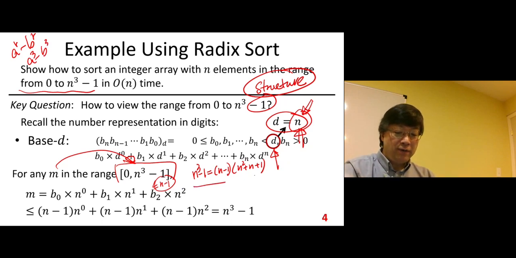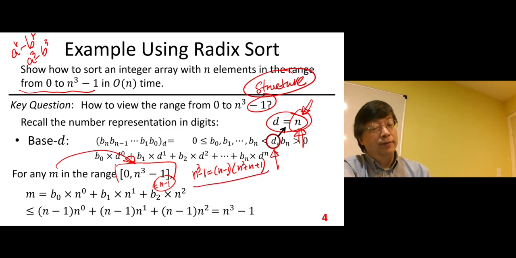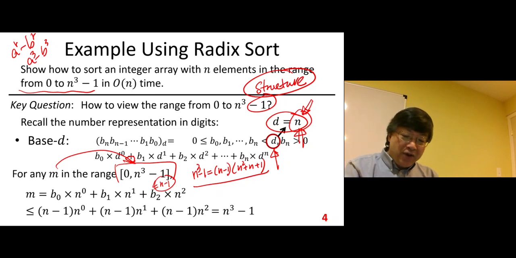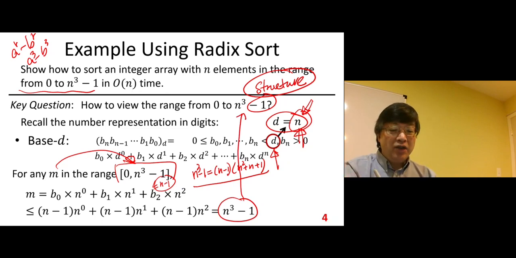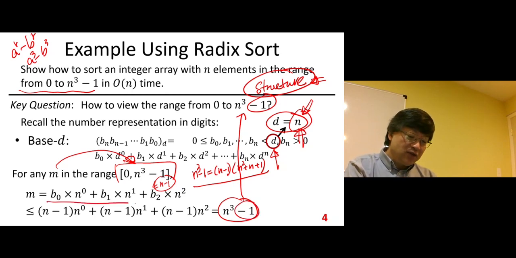Now you understand why we are given n cubed minus 1 here. That's why I say from the structural point of view, it is important. If you don't have this minus 1, how do you get this structure?